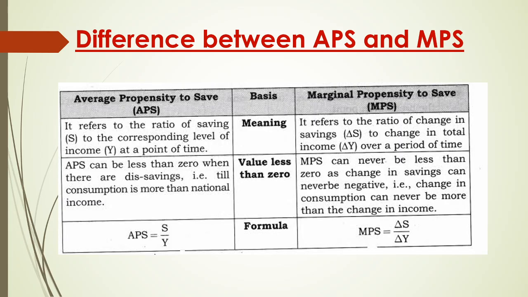On the basis of value, APS can be less than 0 when there is dissaving, that is, when consumption is more than national income. MPS can never be less than 0, as change in saving can never be negative. That is, change in consumption can never be more than change in income.